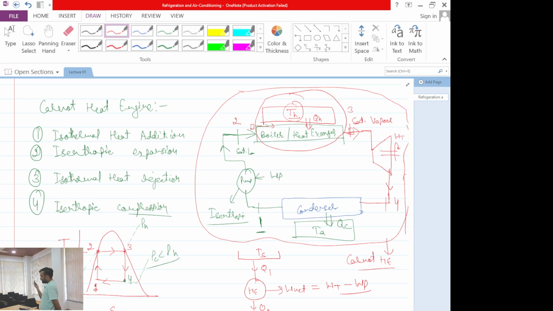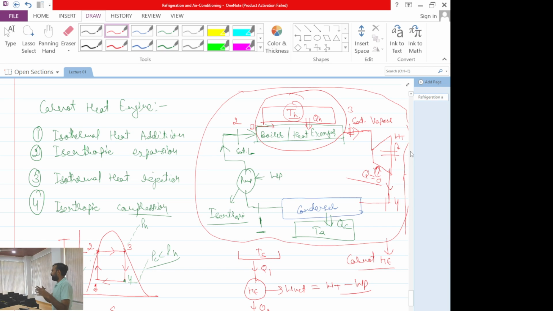It will be able to get a sufficient amount of heat to convert into vapor. However, the process inside the turbine has to be isentropic. What is the meaning? Isentropic means reversible adiabatic. So if this process has to be adiabatic, it means heat transfer with the surroundings will be equal to 0.